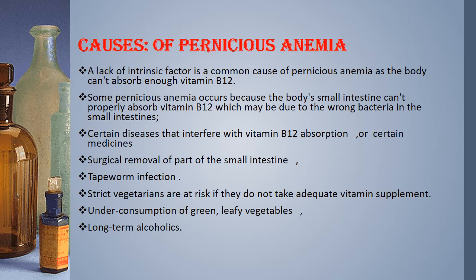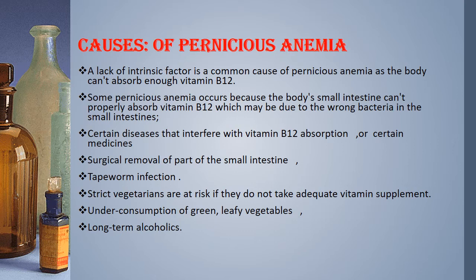And if you investigate those types of patients after taking history from them, we could see that they may have a history of surgical removal of part of the small intestine. Infection could also be associated. In addition, those patients may be strictly vegetarian.